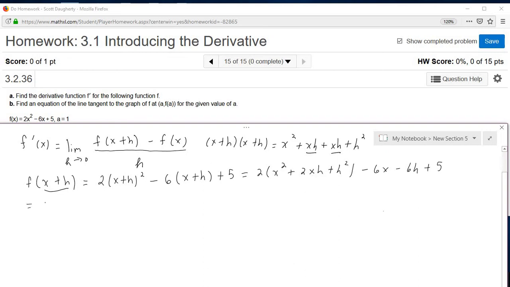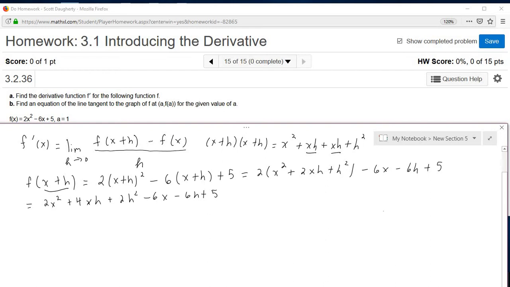And then let me distribute that 2 to all 3 terms. So you get 2x squared, and then 4xh plus 2h squared, and then minus 6x minus 6h plus 5. Okay, so that's f evaluated at x plus h.